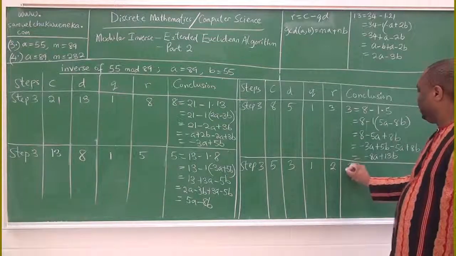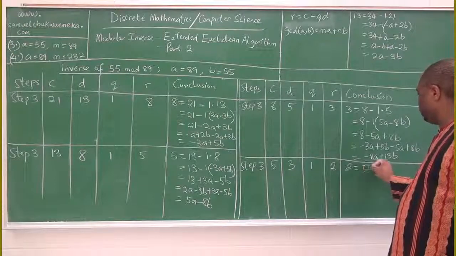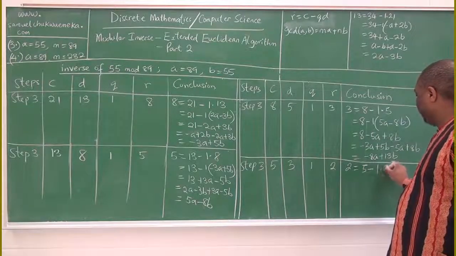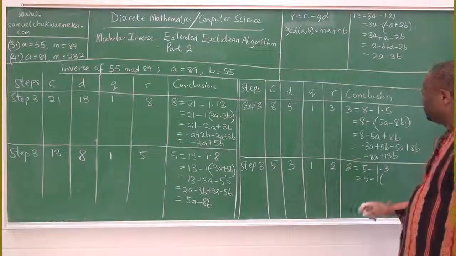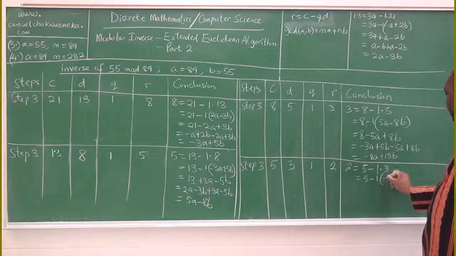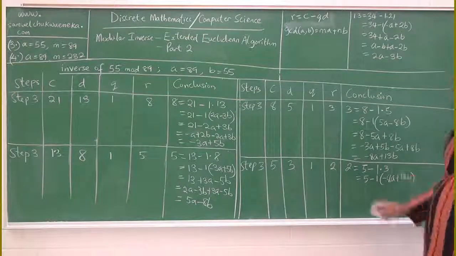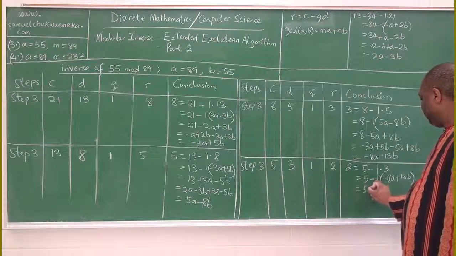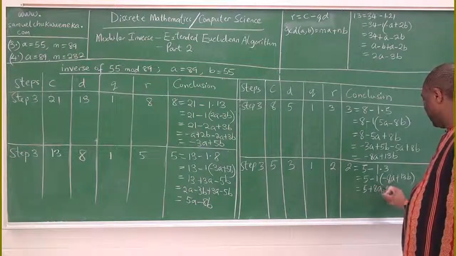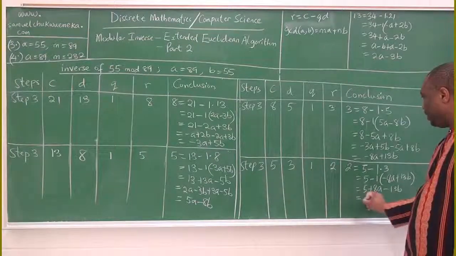So our 2 is equal to 5 minus 1 times 3, which is 5 minus 1 times, our 3 is what? Negative 8a plus 13b. You have a lot of distributive property here. And that will be equal to 5 plus 8a minus 13b. And that will be equal to what?